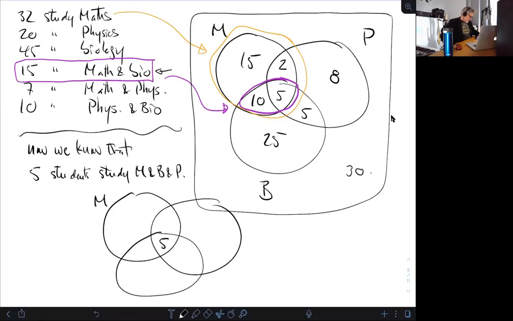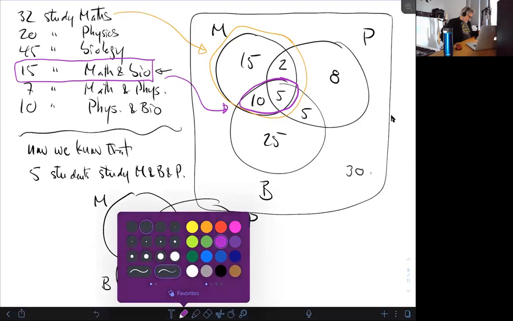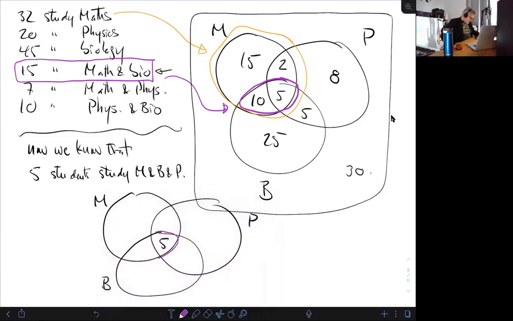Okay, so let me just finish this argument, which is related to exactly what we're saying. So this is math, physics, and bio, okay? So I look at this region here. This is the region math and bio. Okay. So what I'm told is that there are 15 students who study math and biology.